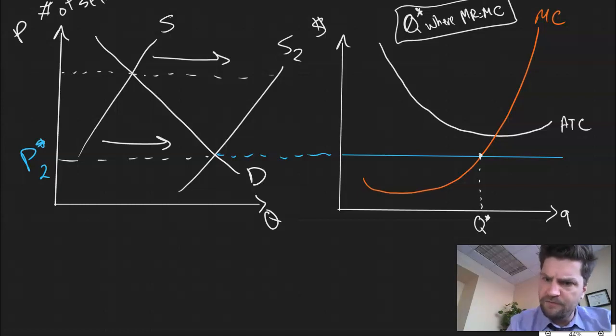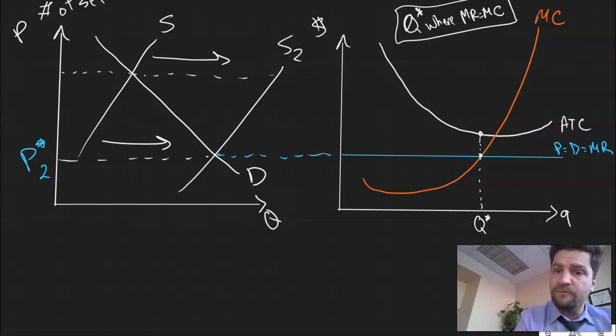And normally we're used to looking underneath the price, which is also our demand, which is also our marginal revenue curve. But in this circumstance, there's been such an overreaction that as a result, there's going to be average total costs higher than the equilibrium price.